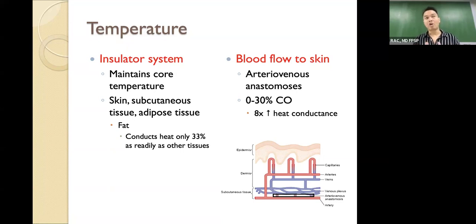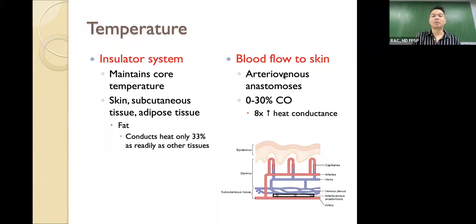That's why if you compare people residing in the more northern or southern parts of the globe, close to the north and south poles, so those areas are colder, they have more body fat compared to their counterparts within the tropical region. So this is the insulator system. It is said that fat or adipose tissue conducts only around 33% compared to other tissue.